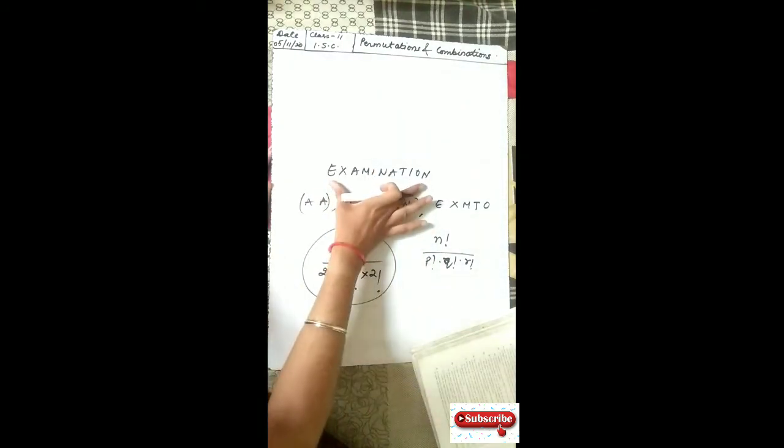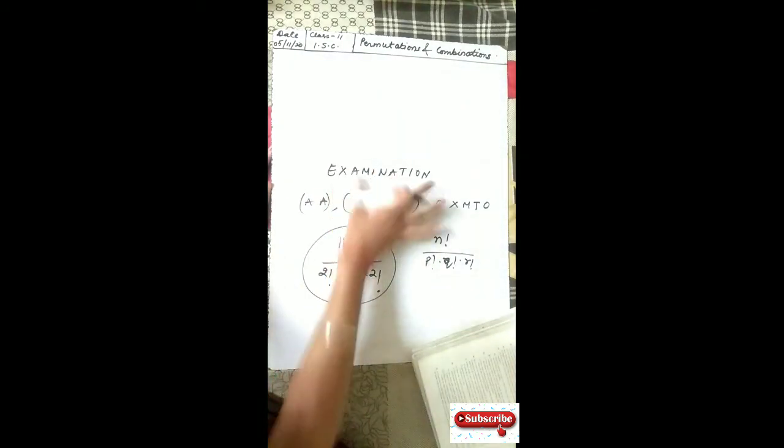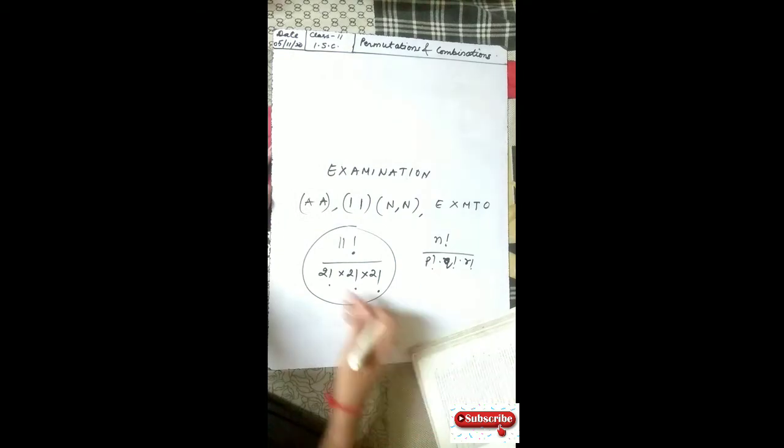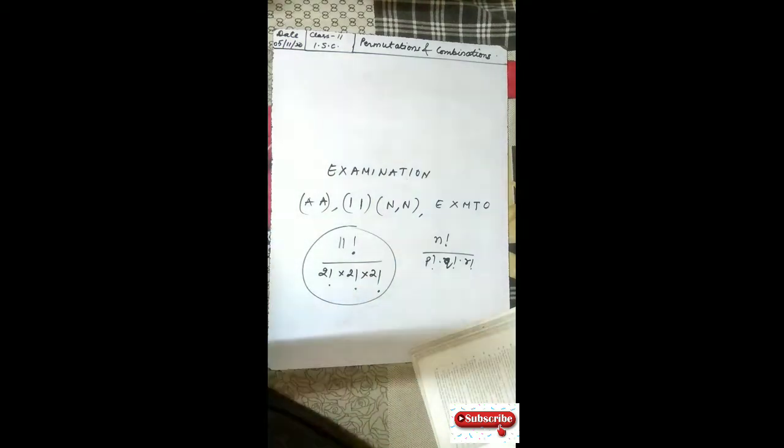The same we did here. We counted the letters, 11 factorial, and in the denominator took the factorial of the alike things and divided by that. This is the process we'll follow in the exercise.